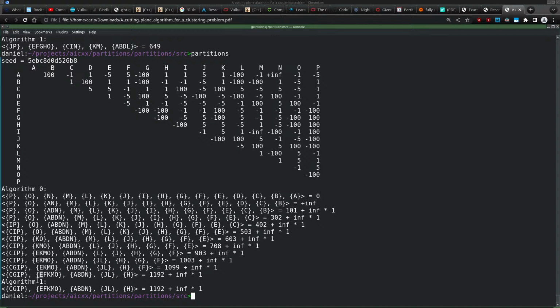Each element is a node, and these groups are cliques, aka complete subgraphs. That is, there is an edge between every element, every node, element, vertex, all the same thing. So we have EF, EK, EM, EO, FK, FM, FO, KM, KO, and MO.